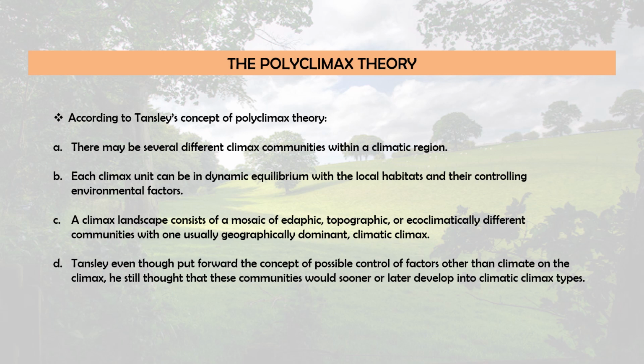Second assumption was each climax unit can be in dynamic equilibrium with the local habitats and their controlling environmental factors. And third concept is that a climax landscape consists of a mosaic or variety of edaphic, topographic, or ecoclimatically different communities, with one usually geographically dominant, that is the climatic climax.